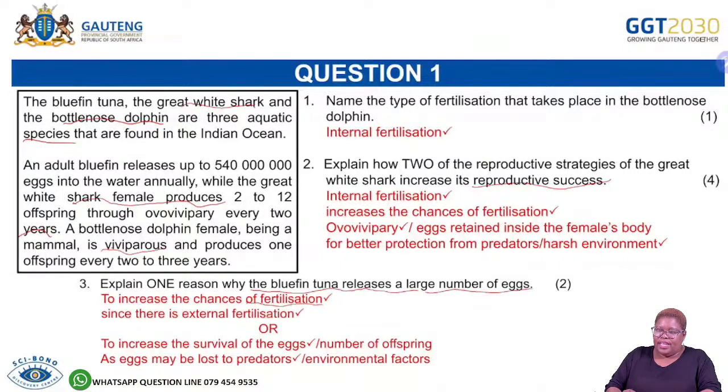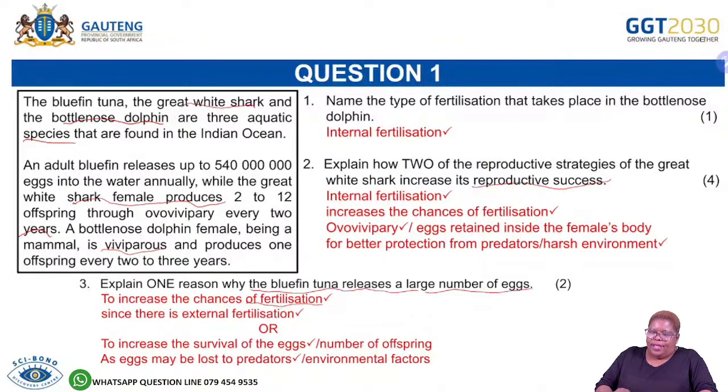Fertilization, since there is external fertilization. Think of the fish. That was a better example we could give in terms of the external fertilization that takes place because of what? Of water, which is the environment inside water, right?